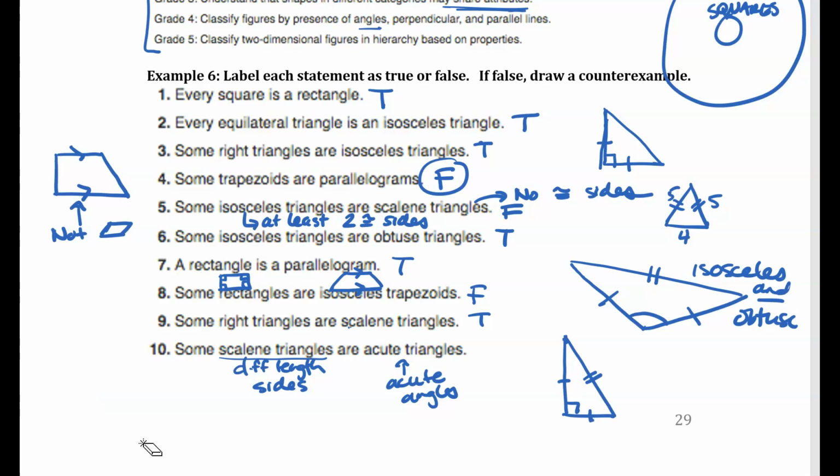Actually, I don't want to do a right angle because that wouldn't be acute, but how about something like that? So I would say true. Looks like I could do that, where I have acute angles on the inside and different lengths on the outside.